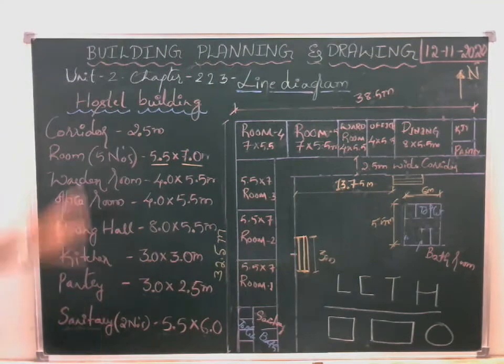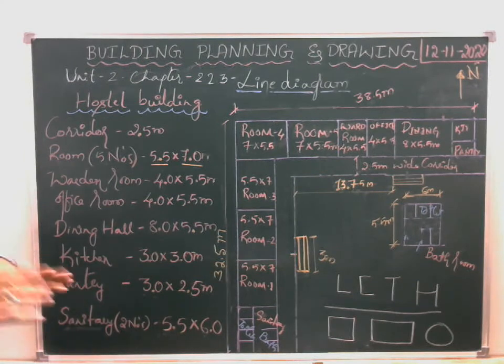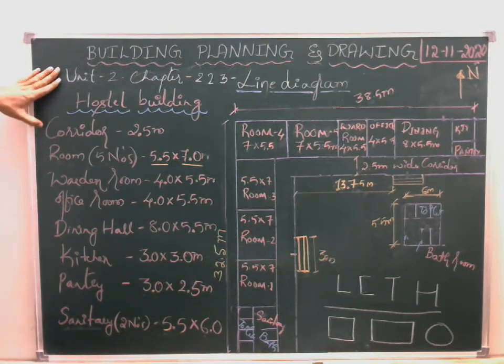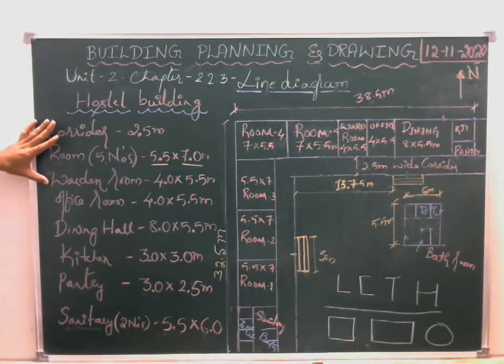Right. So in hostel buildings, first we have to know what are the things we have to include in this diagram or the hostel building. Here you can memorize these things. It consists of a corridor and a number of rooms. The number of rooms may vary, and a warden room will be there. These are mandatory, we have to provide.